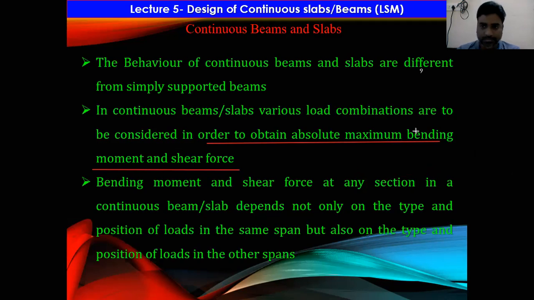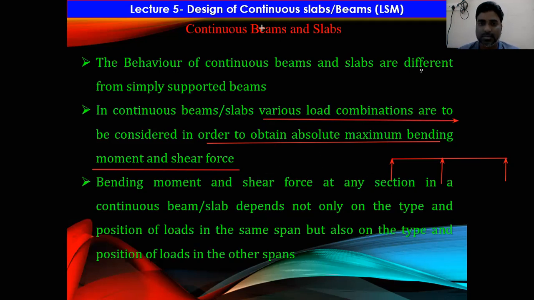Here we have more than two spans. Let us say for the example I'm taking only three. So the maximum bending moment depends upon the combination of loads, various combinations of loads.